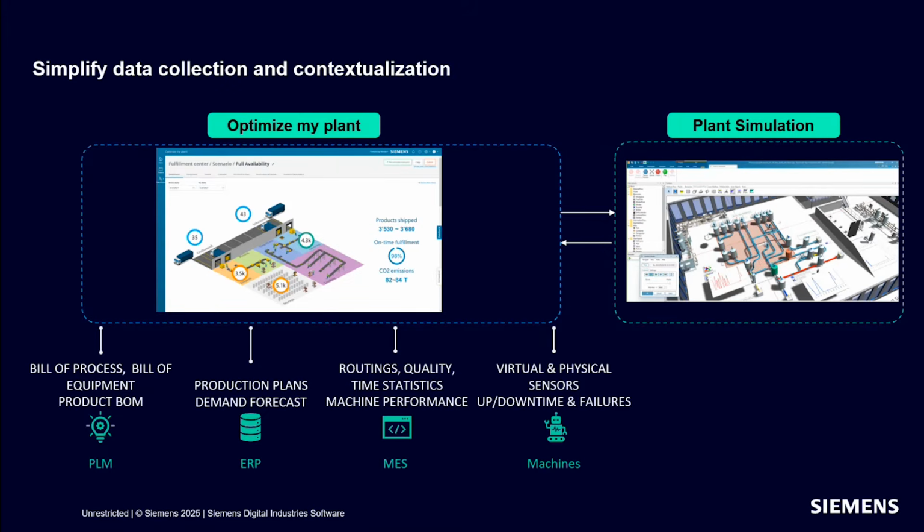And now, once that model has been configured with the library and connected to the web application that we'll demo later on, it also has built-in APIs that you can connect to the real shop floor data to keep your model current.